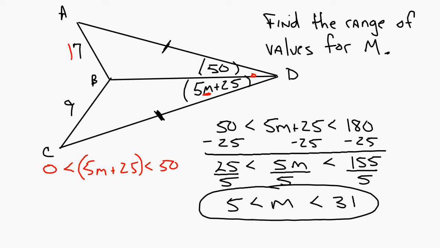Because in this red case right here, if you subtract 25 from the middle, the left, and the right, and then divide by 5, you'd end up with a negative value for m, right? At any value above that negative 5, it would give this angle measure up here at least like 0.0001 degrees. So you can't have a negative angle, but you can have a negative value for the variable.